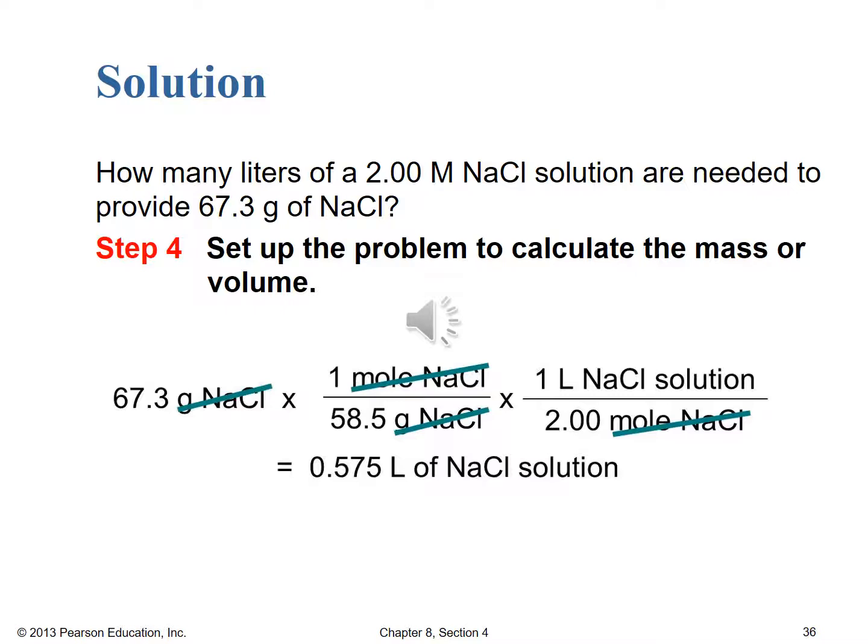We're in moles of NaCl. If we multiply by 1 liter of NaCl solution per 2.00 moles of NaCl, now we can cancel moles of NaCl. We're left in liters of NaCl solution, which is what the problem wanted to know. And we find that it is 0.575 liters of NaCl solution that would be needed for that mass of NaCl if we want a 2.00 molar NaCl solution.